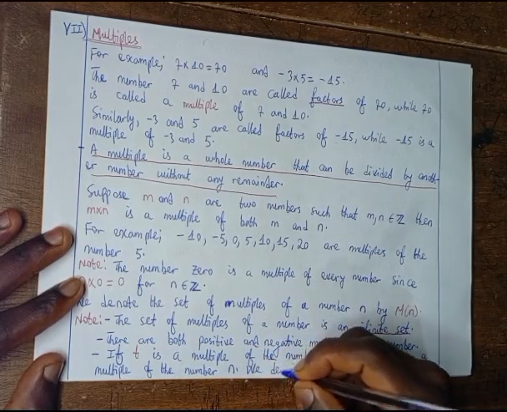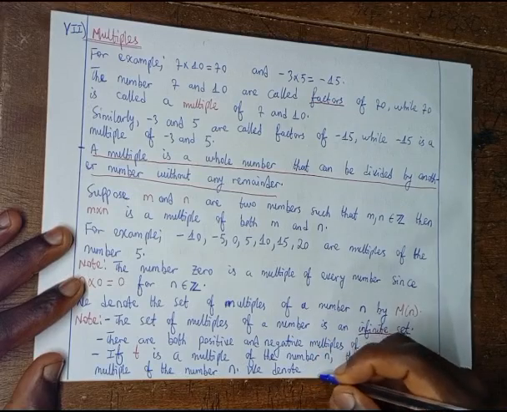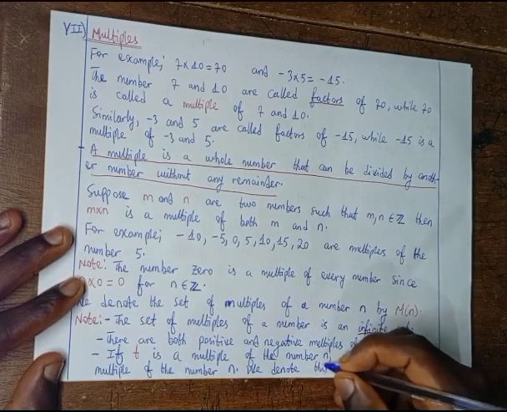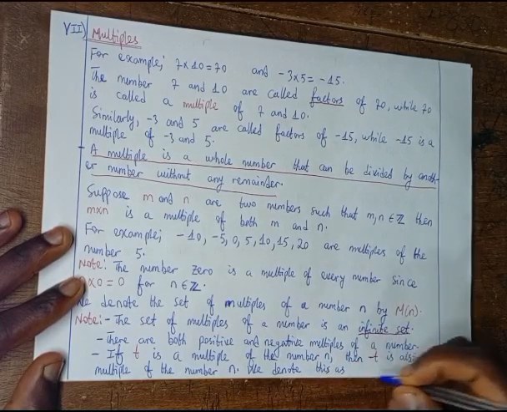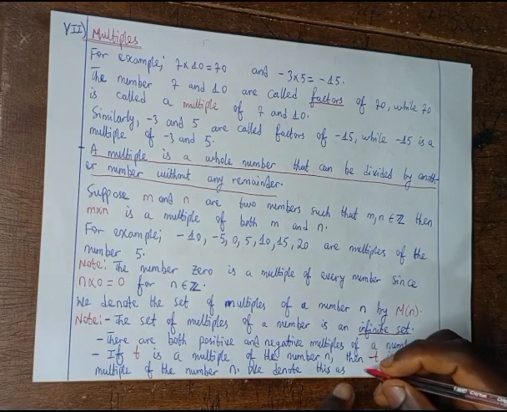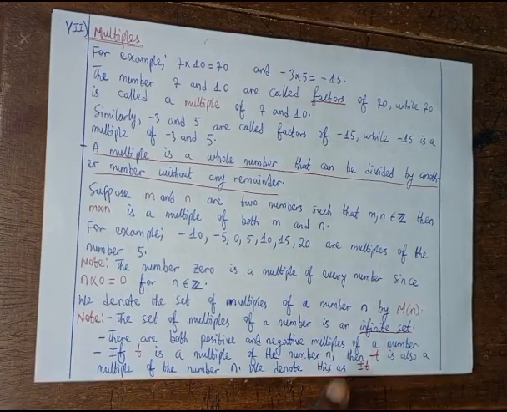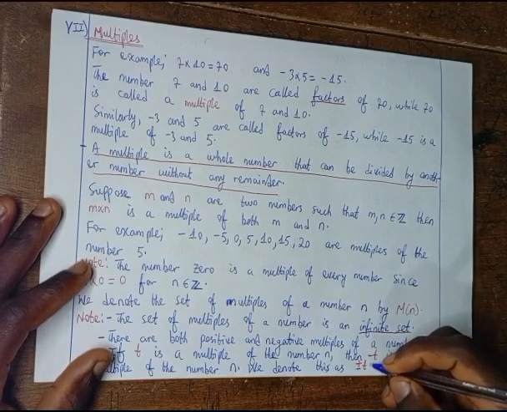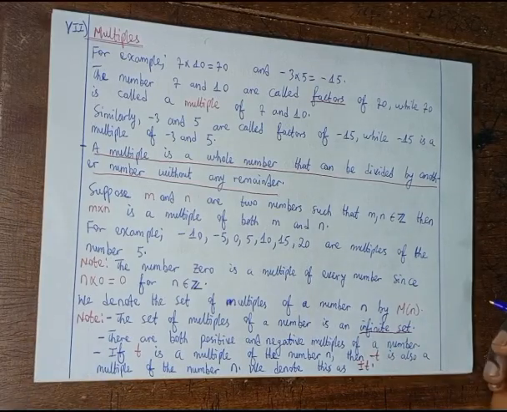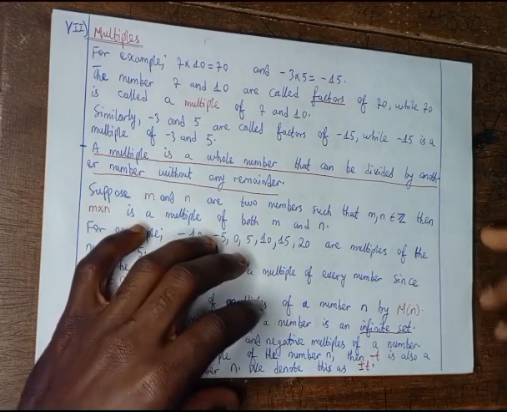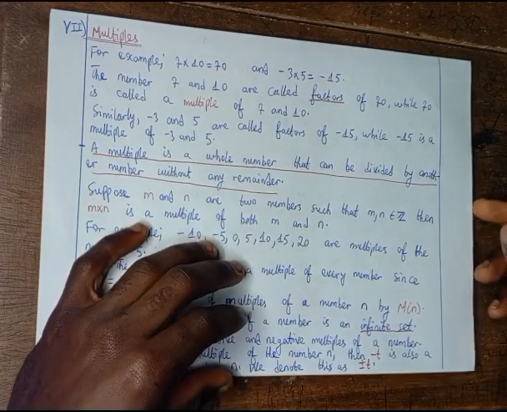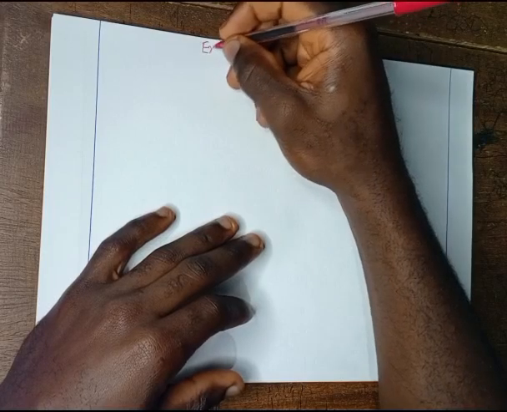We denote this as, I'll use a red pen, plus or minus t. The plus or minus t here simply means positive t is a multiple of n, negative t is also a multiple of n.